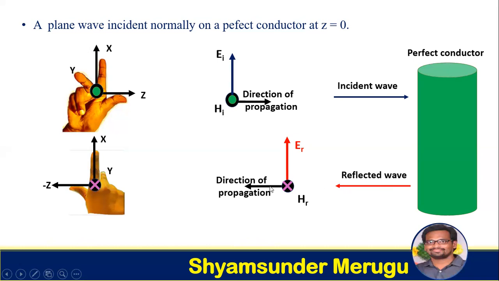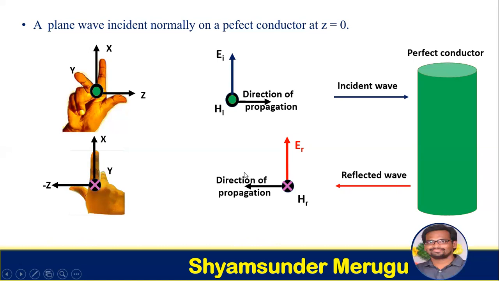Coming to the reflected wave here, by looking at this right hand, we can observe that the electric field is oriented along the x-axis and the middle finger is going inside the screen, and it is indicated by the cross mark and indicates that the magnetic field is oriented along the y-axis.